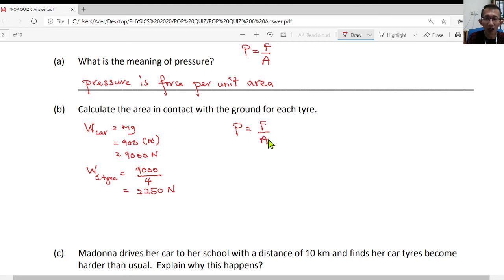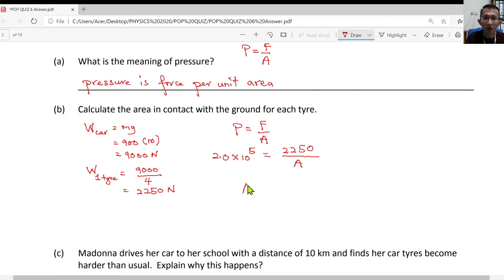Now I am going to plug that value into my pressure equation. P equals F over A. The pressure for one tire just now is given, 2.0 times 10 to the power of 5. And then the force is given here. Remember that force is weight, weight is force. So here is 2250 divided by the area, the area of the tire in contact with the ground.